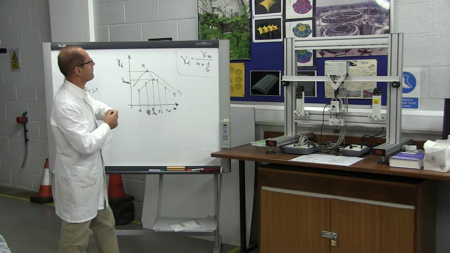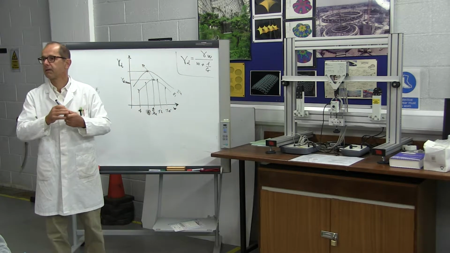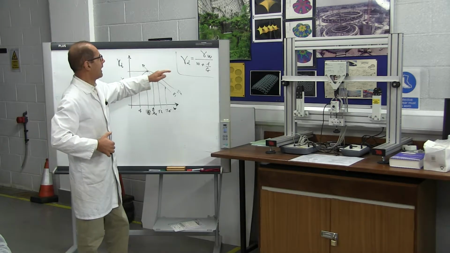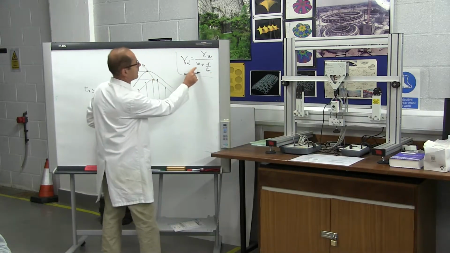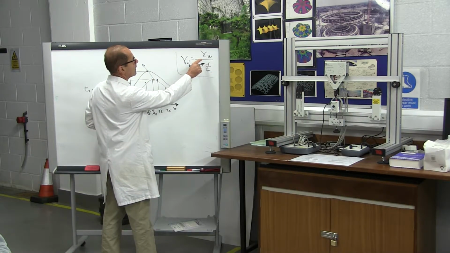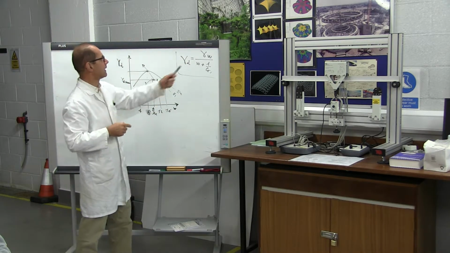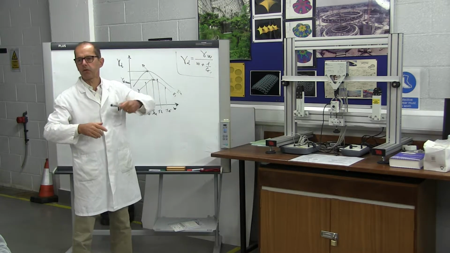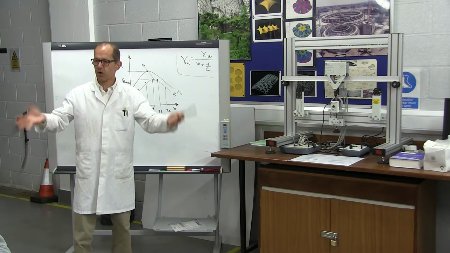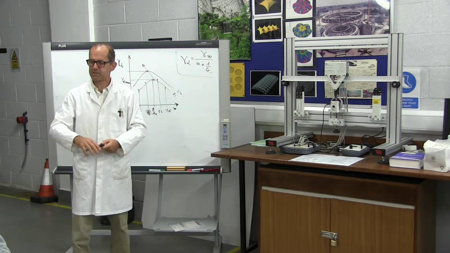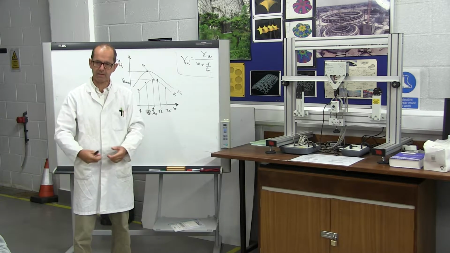If you have saturated soil, at each water content we have a value of gamma D, because gamma W is the unit weight of water, roughly 10 kilonewton per cubic meter. Gs is fixed for the soil, it doesn't depend on the voids, because Gs is the specific gravity, a ratio between the mass of the grains and the volume of the grains.